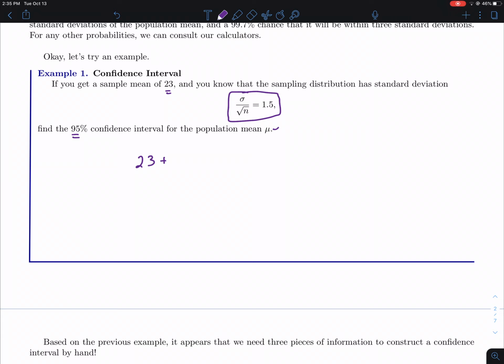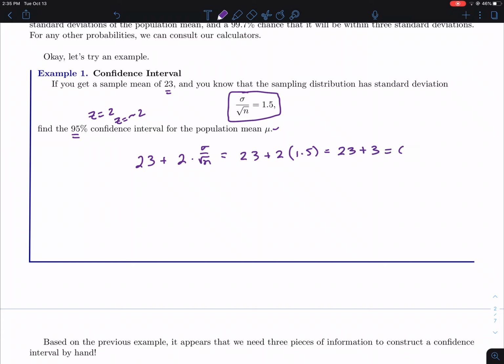Because we're using a 95% confidence interval, our z is 2 and negative 2. We multiply it by our sigma over the square root of n. So we get 23 plus 2 times 1.5, and 2 times 1.5 gives me 3.